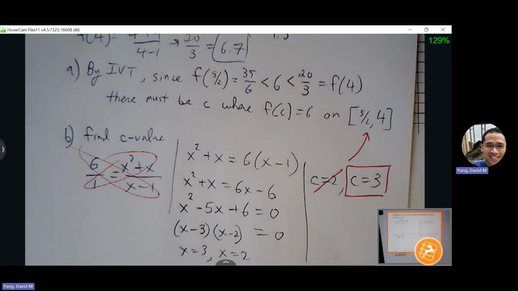So then there has to be one, yeah. So then you put the whole statement there as well. And then you find the x value of 6, you find the c value. Yeah, so where there's the x.